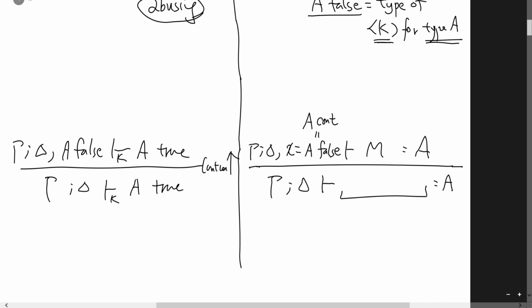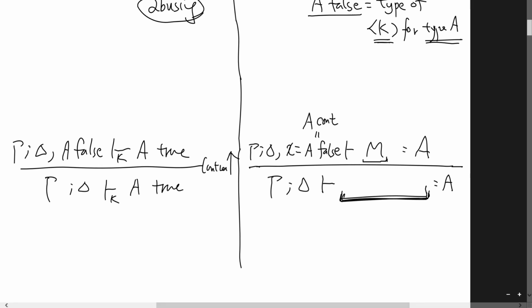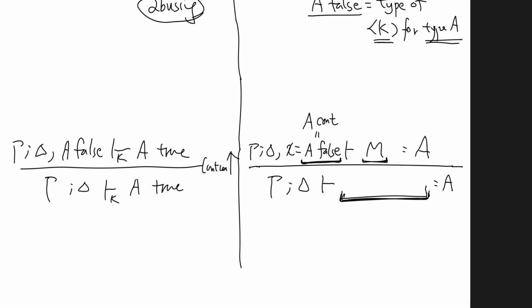But the question is, what is the proof term here? Again, we may choose any syntax for this proof term as far as it contains everything from the premise, in particular this proof term M and this continuation A false. The syntax that we'd like to use is call cc.